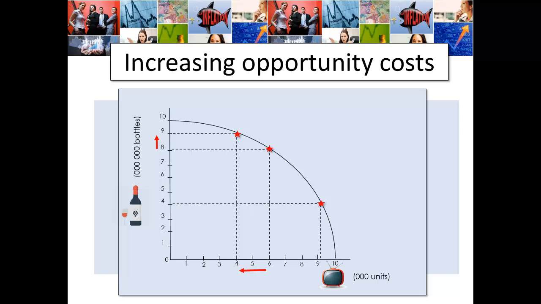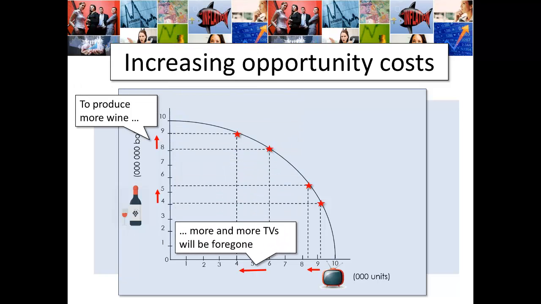Now, due to the shape of this PPC, the opportunity costs are not constant. We can see that to gain a little bit more wine, a few TVs will have to be forgone. But as the economy is producing near the maximum capacity of wine, to gain additional bottles of wine, more and more televisions will be forgone.